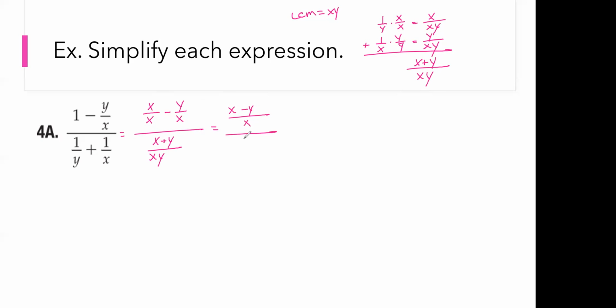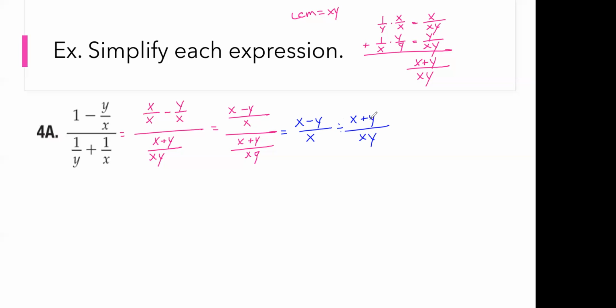Okay? I'll just rewrite this, x plus y over xy. Now remember, this line here means division. So really, this problem is equivalent to (x minus y over x) divided by (x plus y over xy).